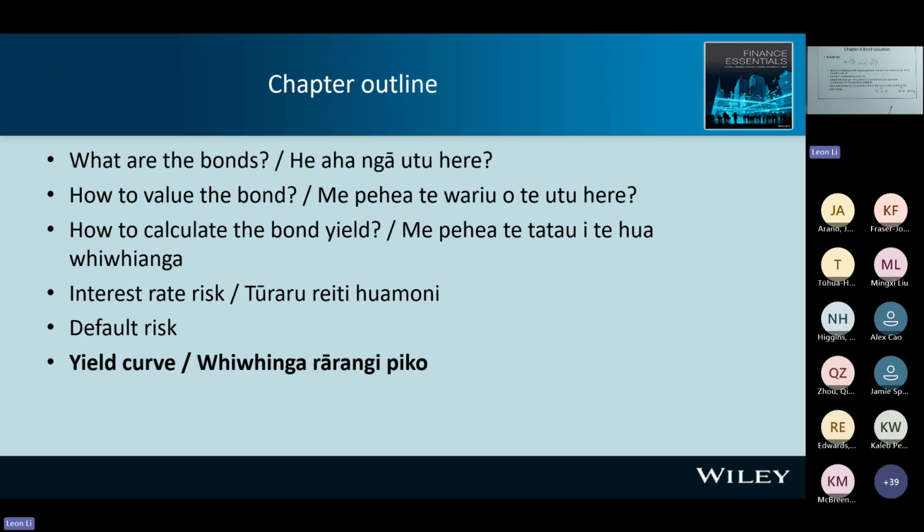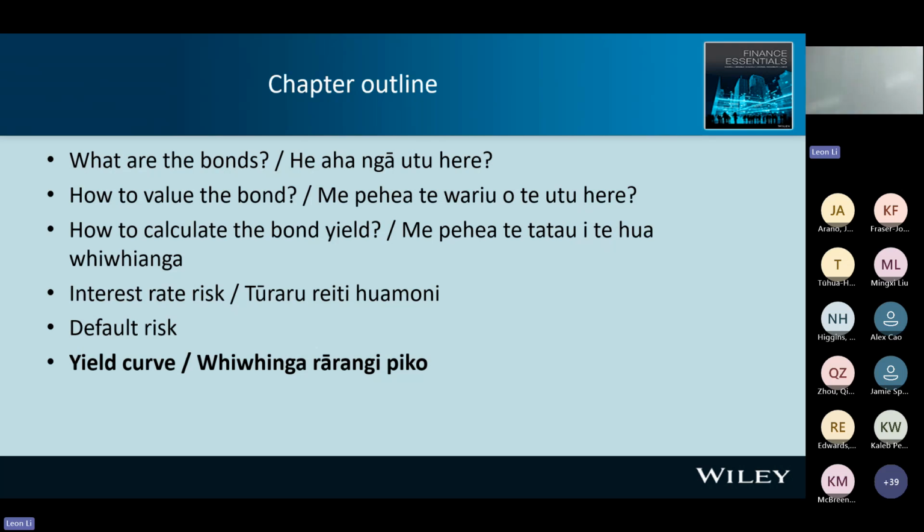For bonds, we have interest rate risk. When I think about interest rate risk, I know short-term versus long-term. If I receive the money late, I will have a higher interest rate risk. The second premium is for default risk. The investor will require additional return for default risk. And when I think about default risk, I know the bond rating, right?